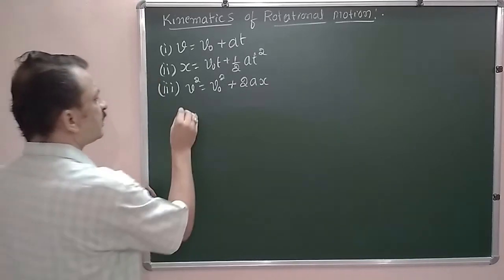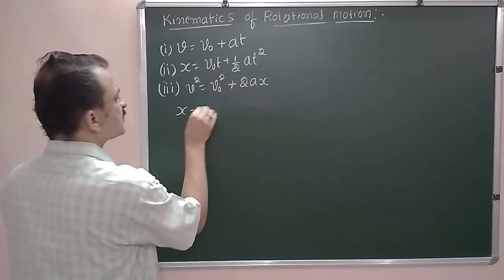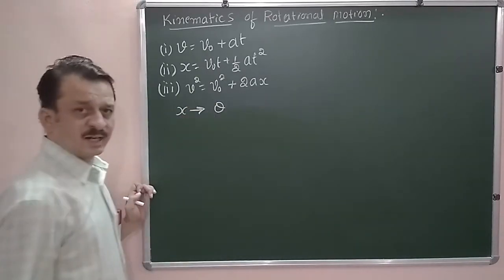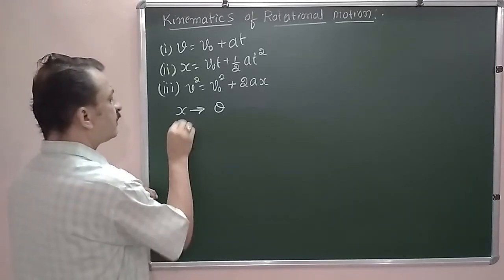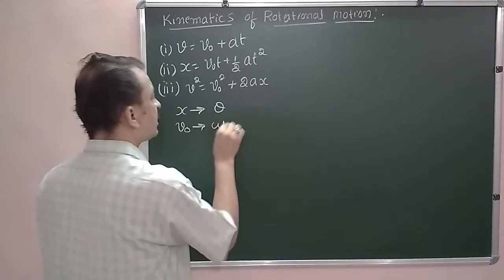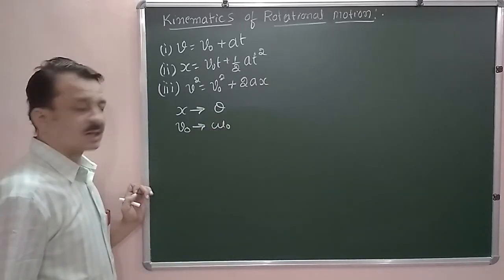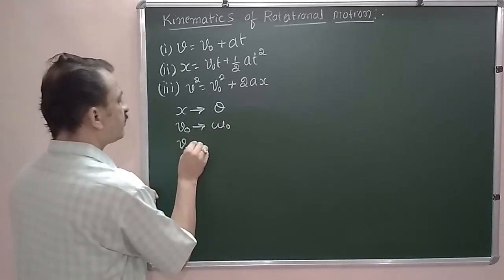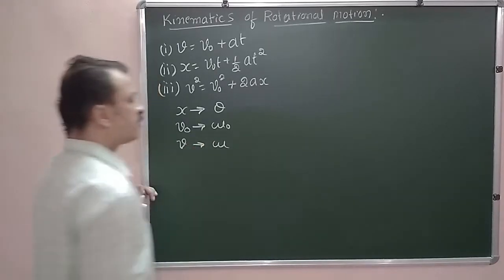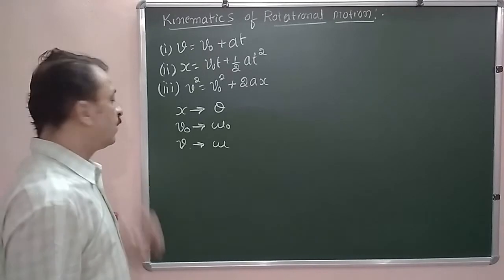Now here the linear displacement x is replaced by the angular displacement theta. The linear initial velocity v naught is replaced by the angular initial velocity omega naught. The linear final velocity v is replaced by the angular final velocity omega.